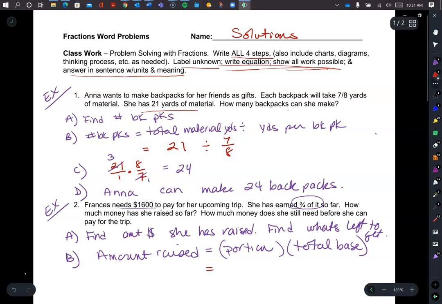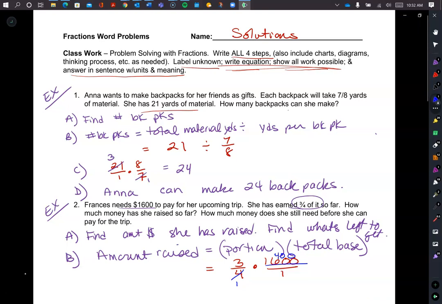So then to fill in those numbers, our portion is 3/4, of means multiply in this context, times 1,600. I'll just put that over 1. And then we can reduce here. So 4 into 4 is 1. 4 into 1600 is 400.